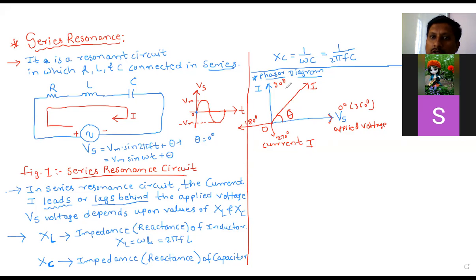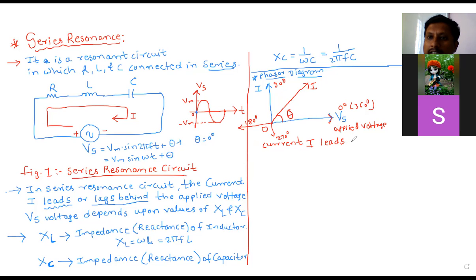Anti-clockwise it is positive: 0, 90, 180, 270, 360. Taking clockwise, it is 0, minus 90, minus 180, minus 270, minus 360. So in this case the current I leads, because the difference from Vs is a positive theta, meaning the current leads.